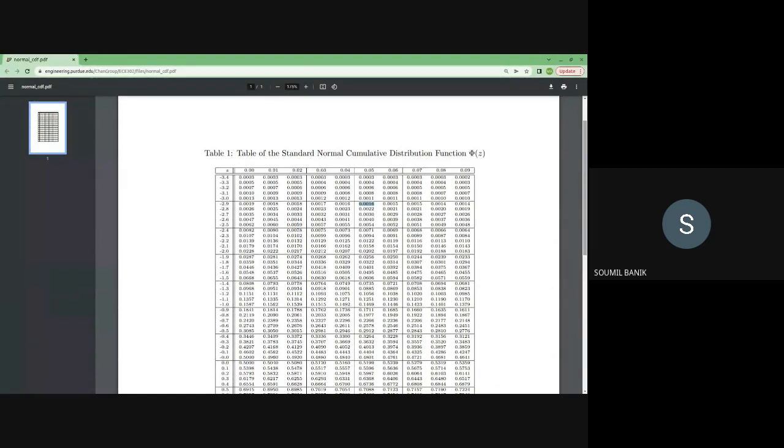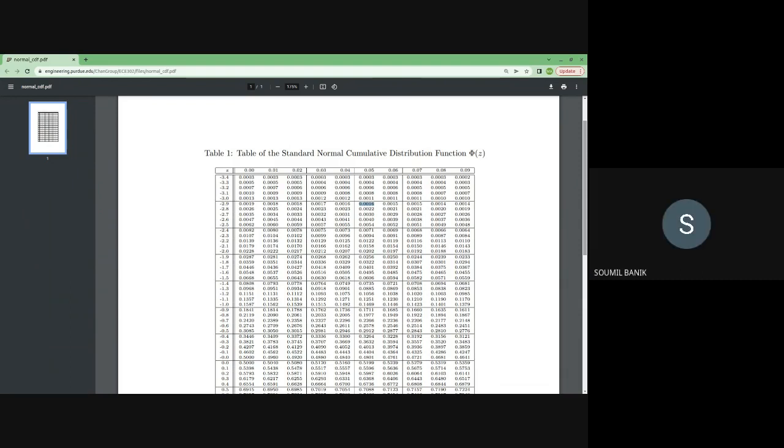Then we can split it as minus 3.0 plus 0.7, and then first check the row of minus 3 and then the column for 0.7. I just used Desmos to verify the values. 0.7 we don't have a column, right? We have a column for 0.07.